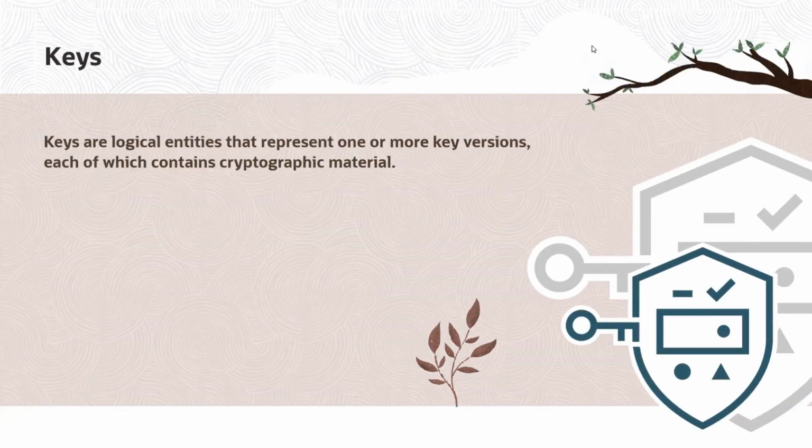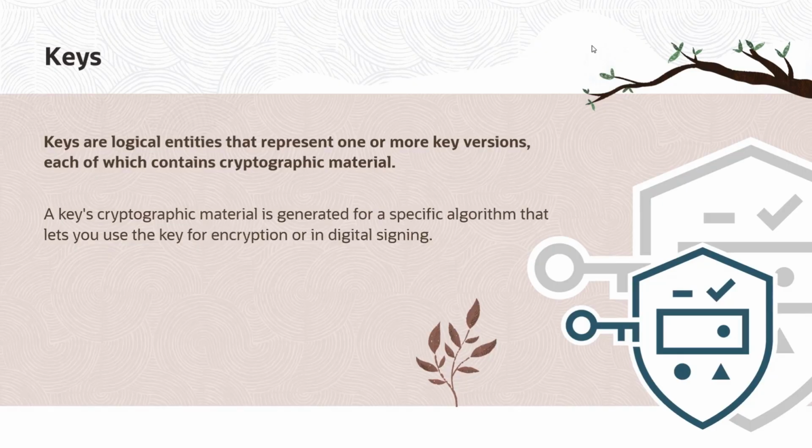Now, what are keys? Keys are logical entities that represent one or more key versions, each of which contain cryptographic material. We saw what keys are in the previous lesson on encryption basics. Key cryptographic material is generated for a specific algorithm, either AES, RSA, or ECDSA, and that lets you use the key either for encryption or decryption, or for digital signing.